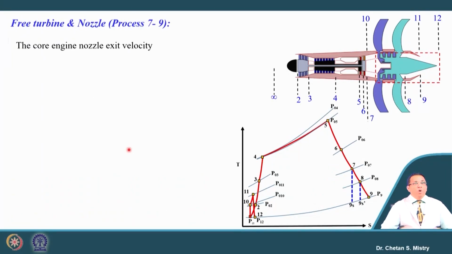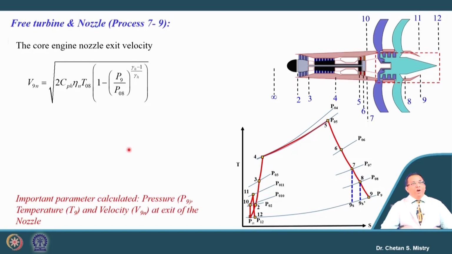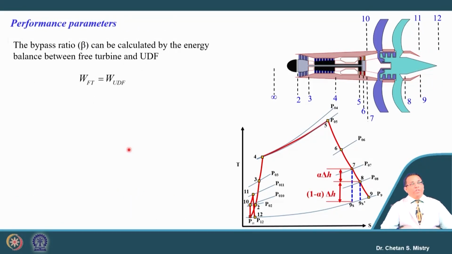Once we have this outlet pressure, we can calculate the exit velocity from this nozzle. We should remember that this velocity is what contributes to our thrust component. Here we have our T9 and our V9, which gives the exit velocity from the nozzle.